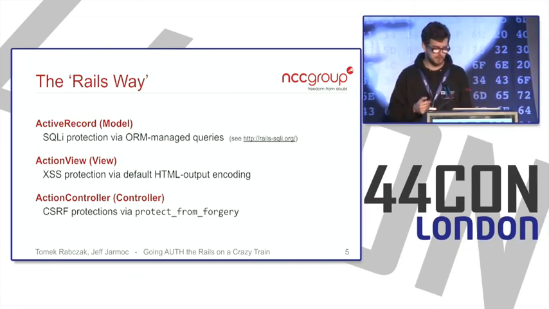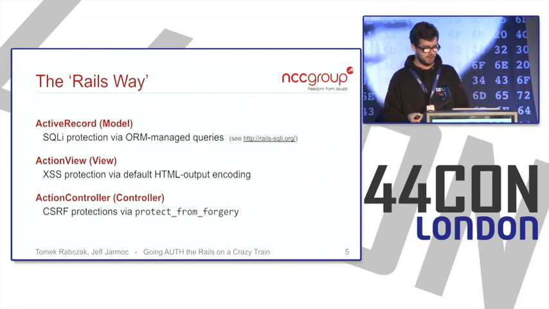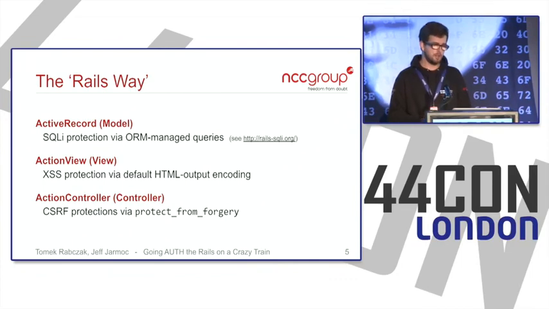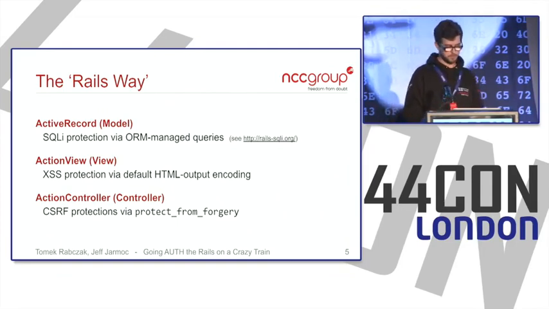So this is a breakdown of what you're going to see in terms of the corresponding model view controller. Active Record is the glue for the ORM. It gives you objects that you can call finder methods on. And this, by default, is going to give you a lot of SQL injection protection. In the parentheses, we have a link to railssqli.org, because there are a lot of ways that you can do that wrong and still have SQL injection in a Rails app.